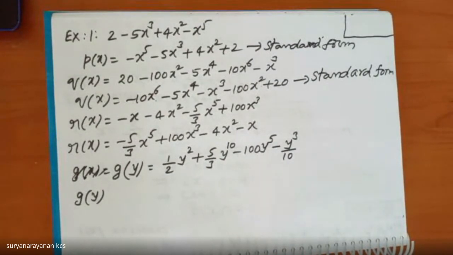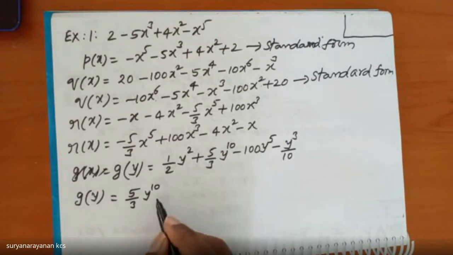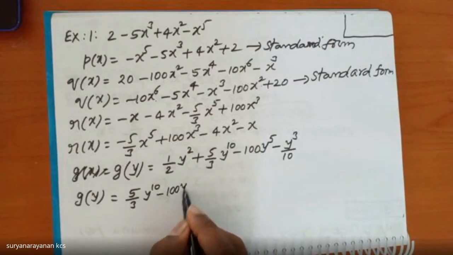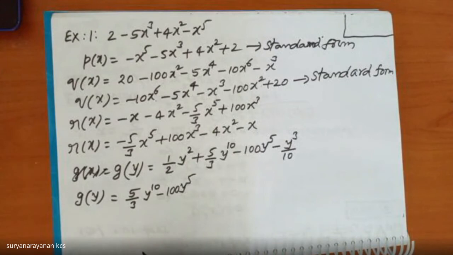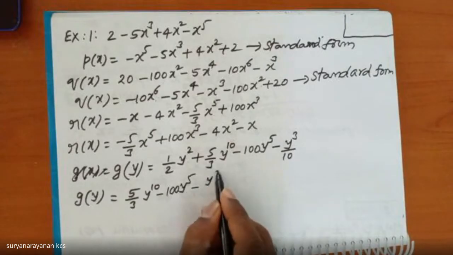Now the turn for Janej. Yes. 5 by 3 y power 10, so the first term is 5 by 3 y power 10, minus 100 y power 5, minus y cube by 10.